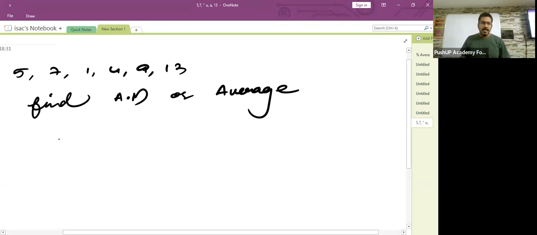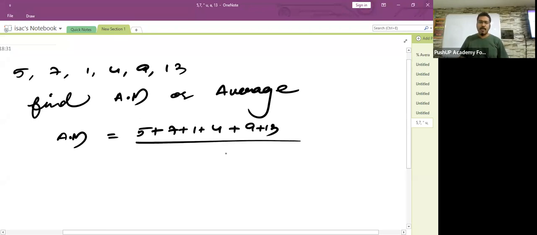So children, if you are supposed to find the arithmetic mean here, you just need to take the sum of all the values. 5 plus 7 plus 1 plus 4 plus 9 plus 13 whole divided by what? The number of observations or number of terms which are given to you. How many terms were given? 6 terms were given. Let's add them up and then divide it by 6. 5 plus 7 is 12.